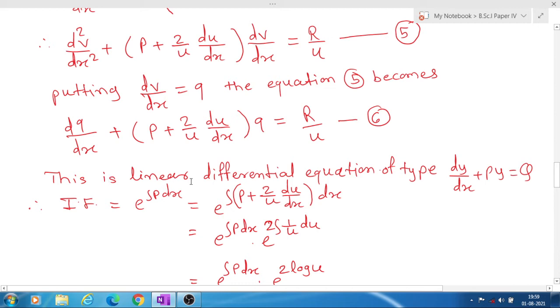So this is nothing but linear differential equation of the type dy by dx plus p into y is equal to q. This is linear differential equation in y, and this is linear differential equation in q.